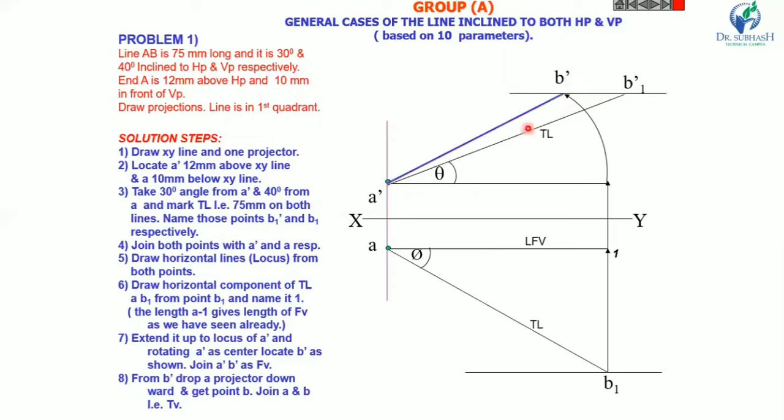So this A dash B dash is the front view of this line, and the inclination of this line with XY is alpha. Now from B dash, draw a vertical line perpendicular to XY. It will intersect this locus at point B. Join AB, which is the top view. The inclination of this top view with XY is beta.